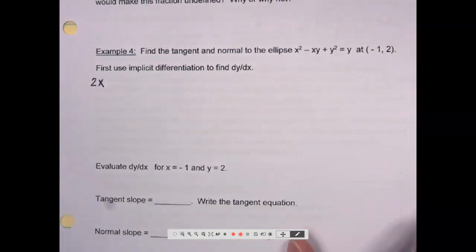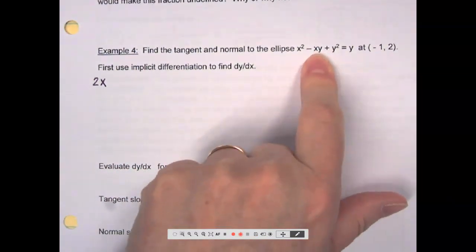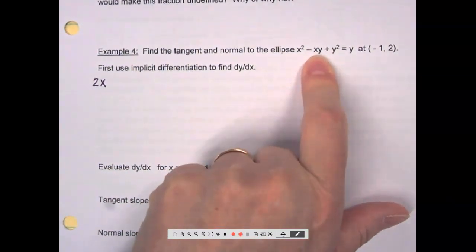Okay, I have to interrupt one thing. This second term, we're going to have to use the product rule. Think of it as plus -x times y.